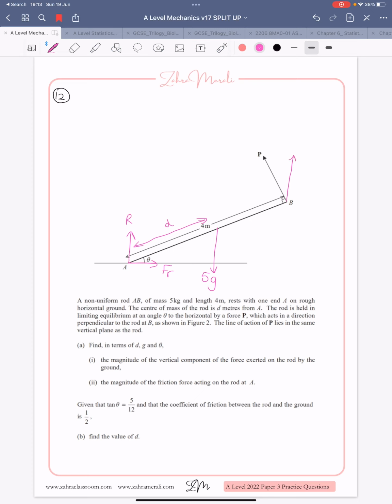So I want to figure out what this is. Now, we can see if that's theta, then using your angle rules, you know that that's going to be the same as this one over here, right? If you need to see why, I can show you.